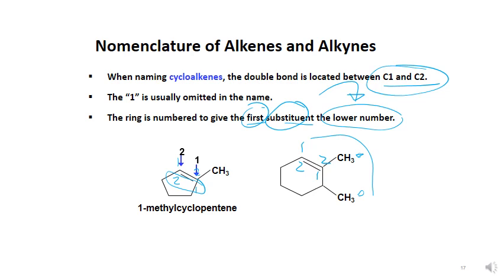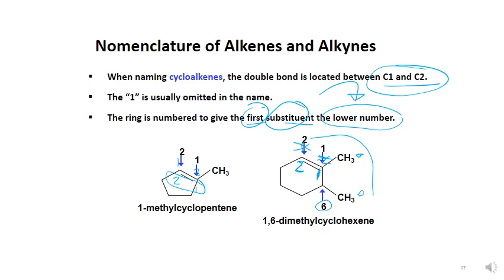So it's not this, it's this. And so we're going to zip the whole way around and make this 1,6-dimethylcyclohexene. 1,6-dimethylcyclohexene.